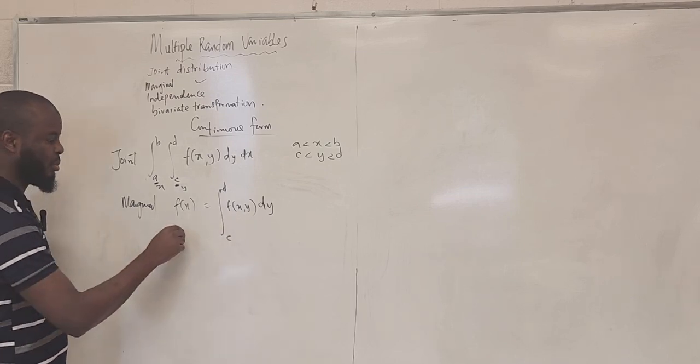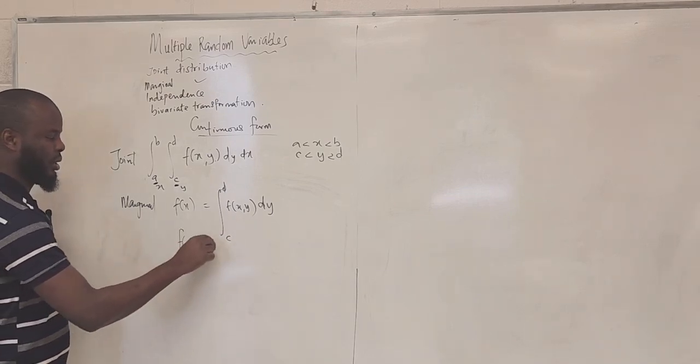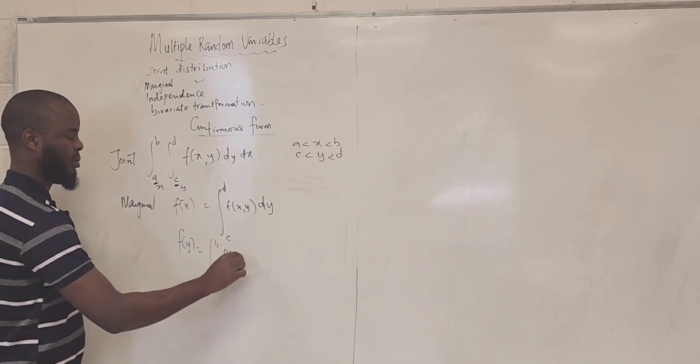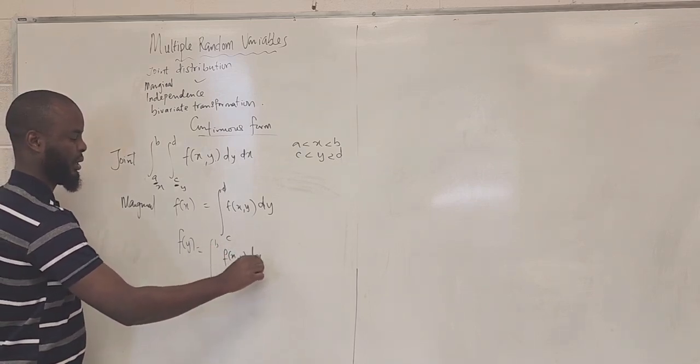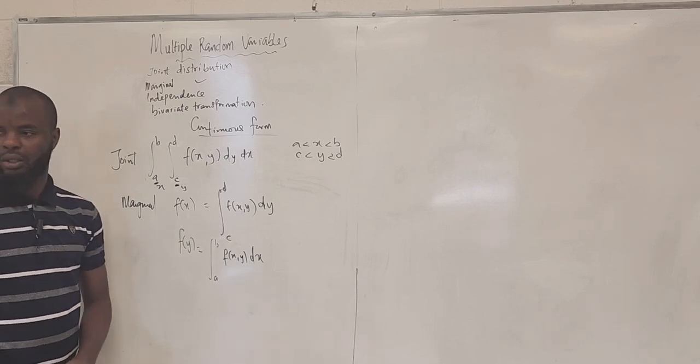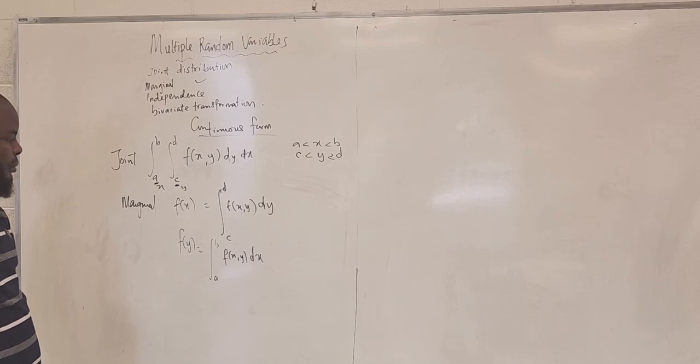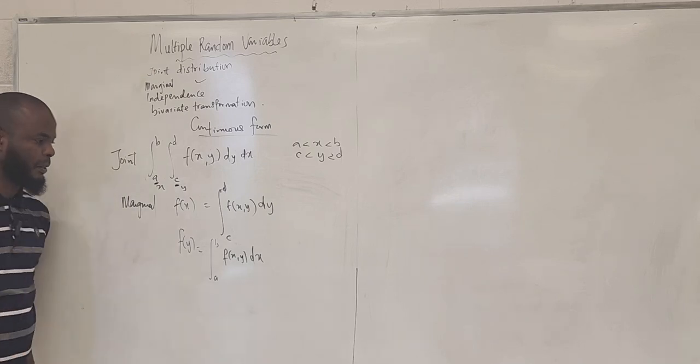The same way, if you want to marginalize y, you use a, b, f of x comma y dx. So you are changing it. So this is what we have.